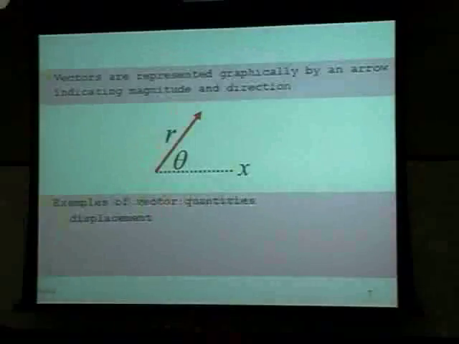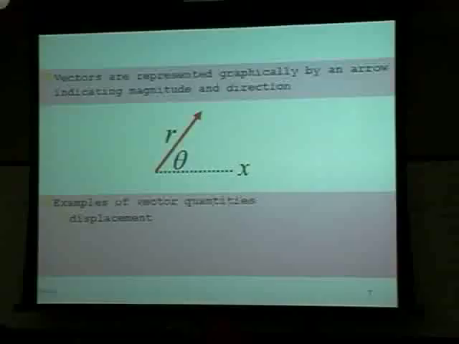Examples would be displacement. In our discussion of displacement, there's definite magnitude involved, but it depends on whether I go that direction, or this direction, or that direction. So direction actually matters for displacement, where you actually go. It could be positive or negative, or if I think in 3 dimensions, it could be in any particular direction.